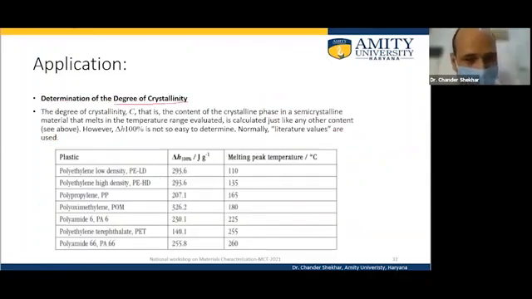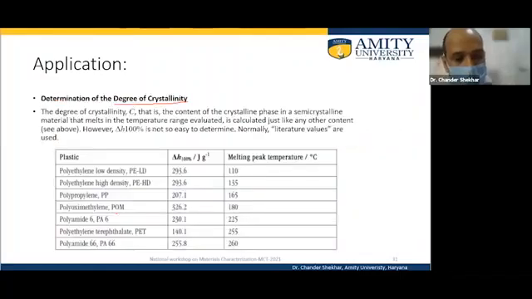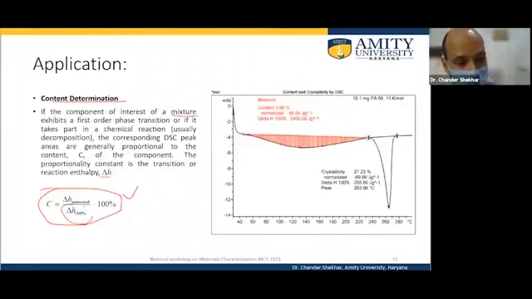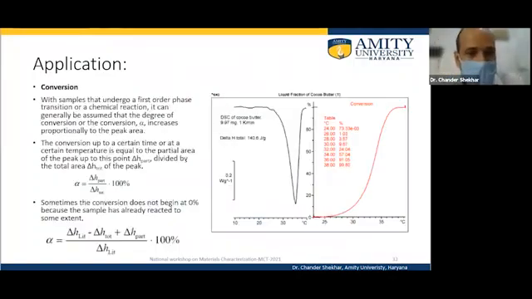In order to determine the crystallinity of the sample, the crystallinity can again be approximated using the same mathematical formula, but in case of the pure, which is the delta H 100, there are literature values given for polymers, say, polyethylene, low and high density polyethylene, polypropylene, polyamide, etc. These literature values must be used in place of delta H0, and then the degree of crystallinity can be determined.